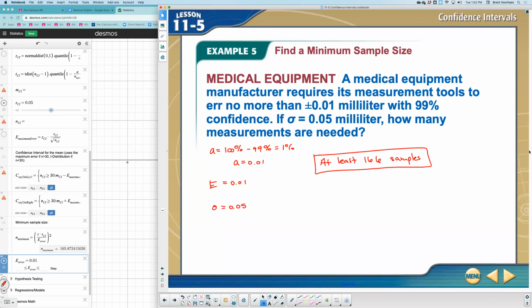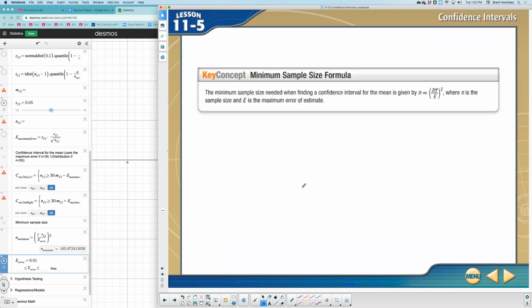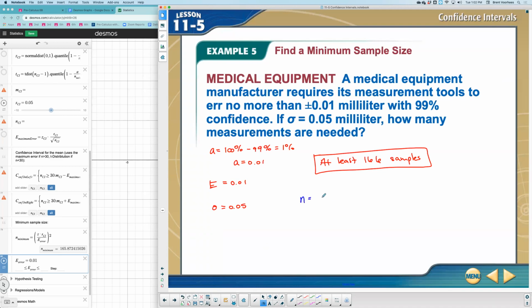And so the math in there, if you're wondering what just happened, is to find that minimum, which the variable they use is n for samples. What you do is you take your z value, you multiply it by the standard deviation, and you divide it by the error, and then square it. They gave us two of those values.